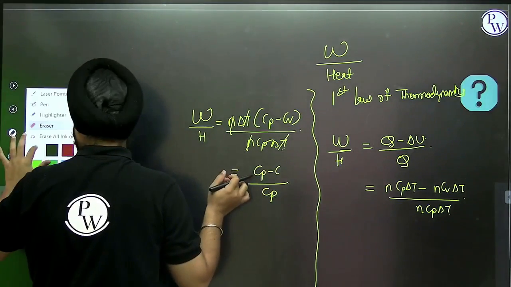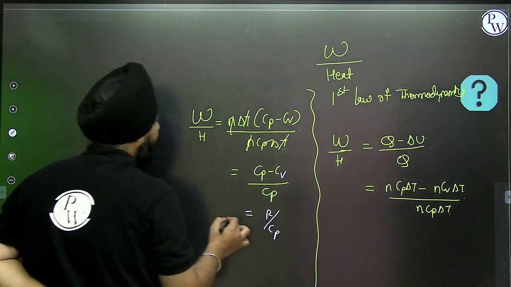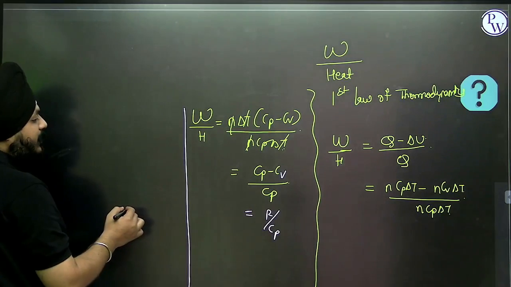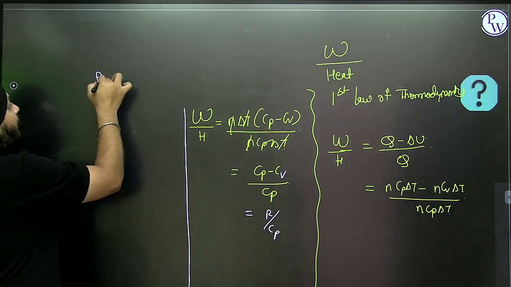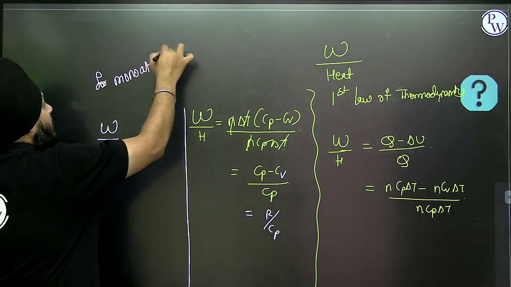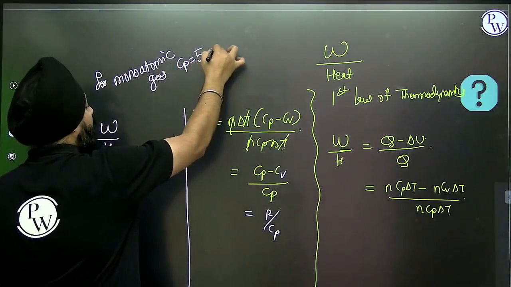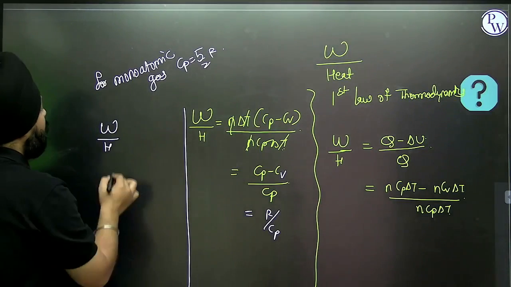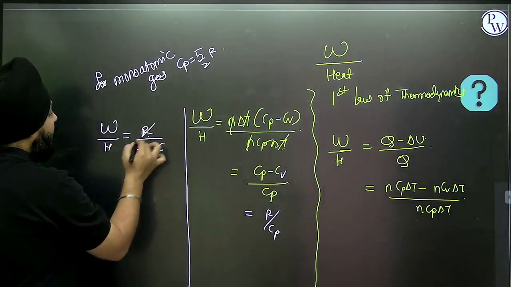What is the value of Cp minus Cv? That is R, divided by Cp. What is the value of Cp for the monoatomic gas? For the monoatomic gas, Cp is equal to 5 by 2 R. So that will be R whole divided by 5 by 2 R. This R will get cancelled.